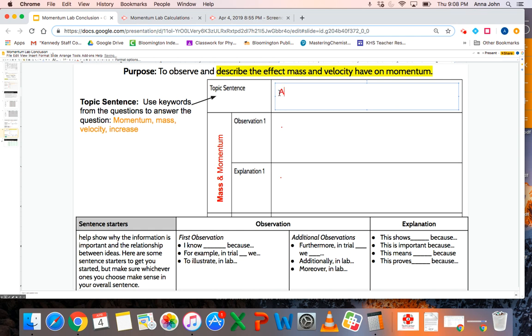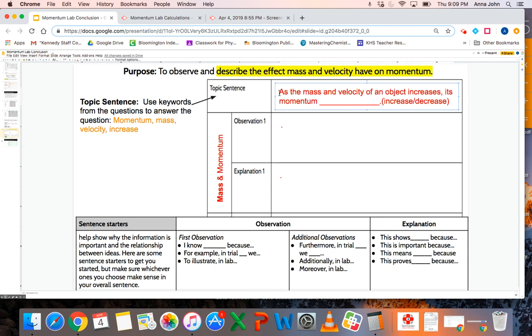So I'm going to say, as the mass and velocity of an object increases, its momentum, and this is where you guys need to fill in with increase or decrease. So as the mass and velocity of an object increases, its momentum either increases or decreases.